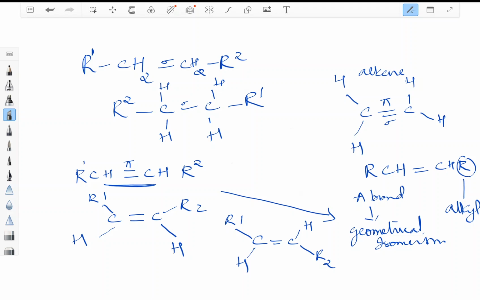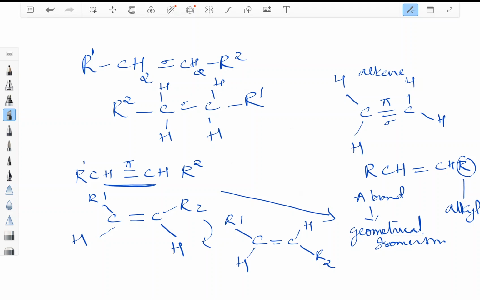So there is restricted rotation, that is why R2 is now shifted here. This alkene has two R groups on the same side. R group is nothing but an alkyl group. An alkyl group can be a methyl group or ethyl group, or in the example which I have sent in your text, they have written CH3.